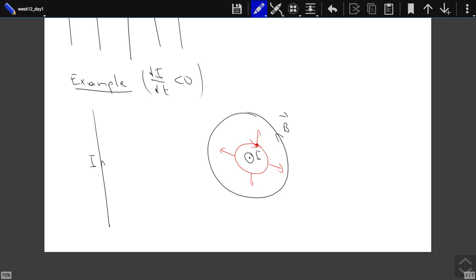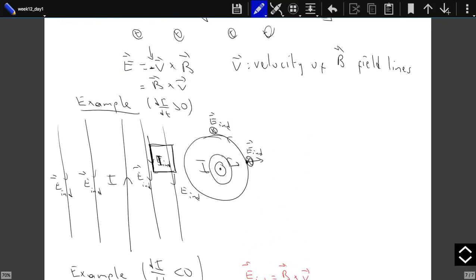So let's see, what is the direction of the electric field at that point? The induced electric field is always B cross V. So V is somewhat upward, B is towards the right, V cross B into the screen. Am I right? Hold on, did we make a mistake over here? Yeah, here we made a mistake.